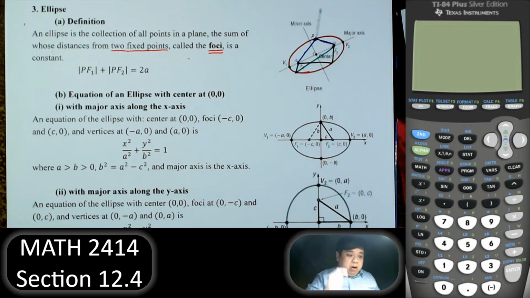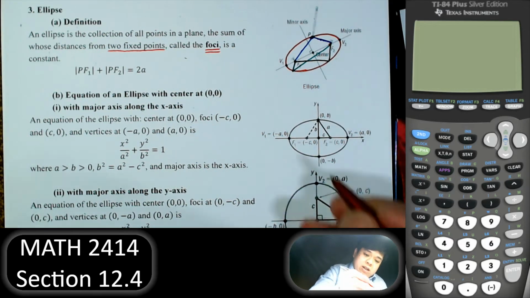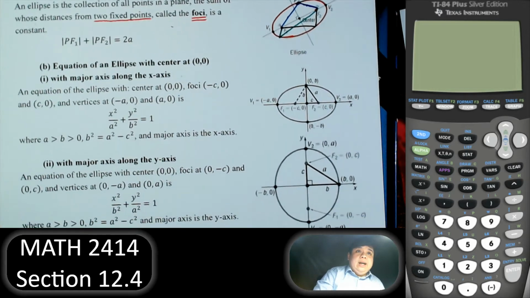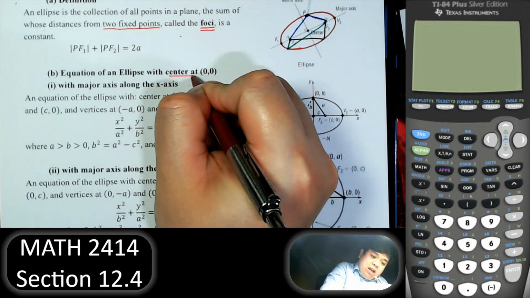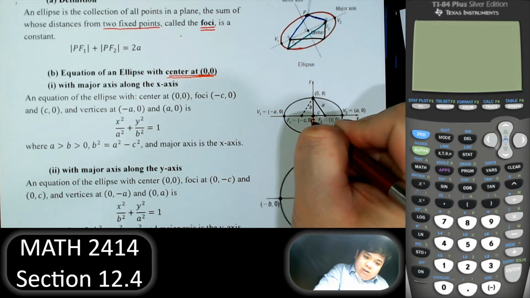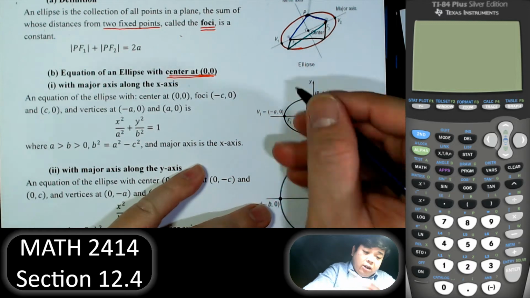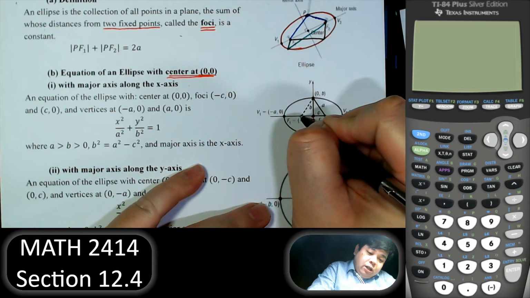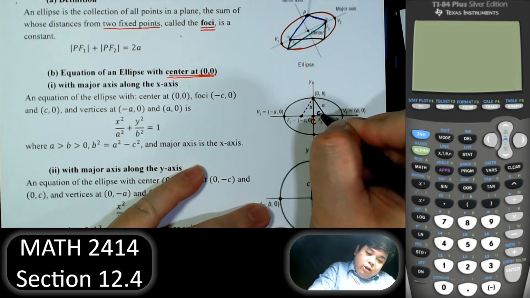The characteristic of an ellipse is that I can work with either one of these. We might have horizontal or vertical, it doesn't matter. But what we study here is the center at 0, 0. If we have horizontal, the two foci will be left and right of the center, and the distance is c away from it.